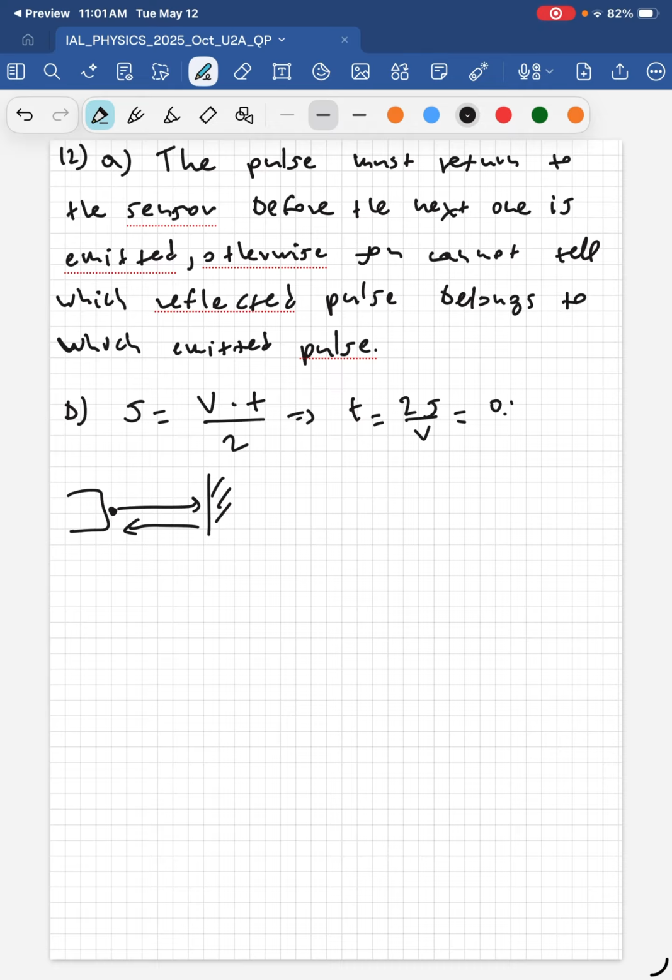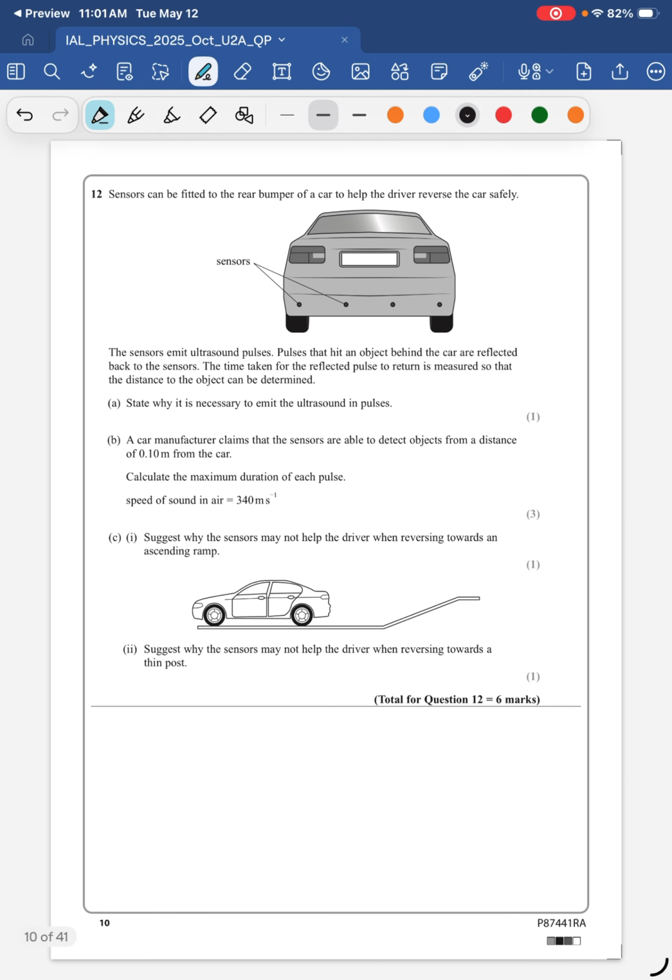So that's 0.2 over 340, which yields 5.88 times 10 to the negative 4 seconds. Very short pulse, okay?